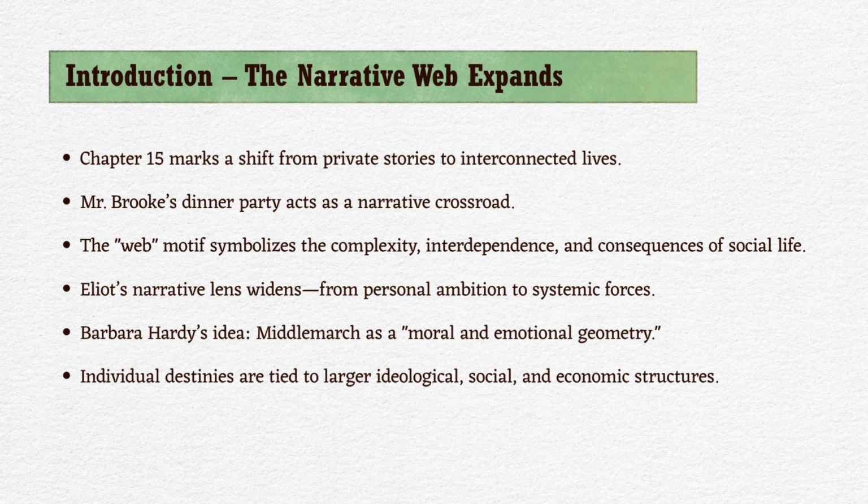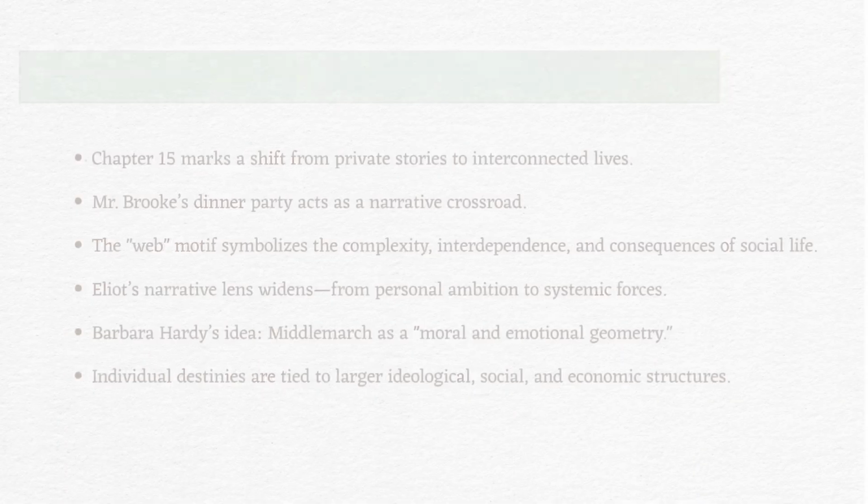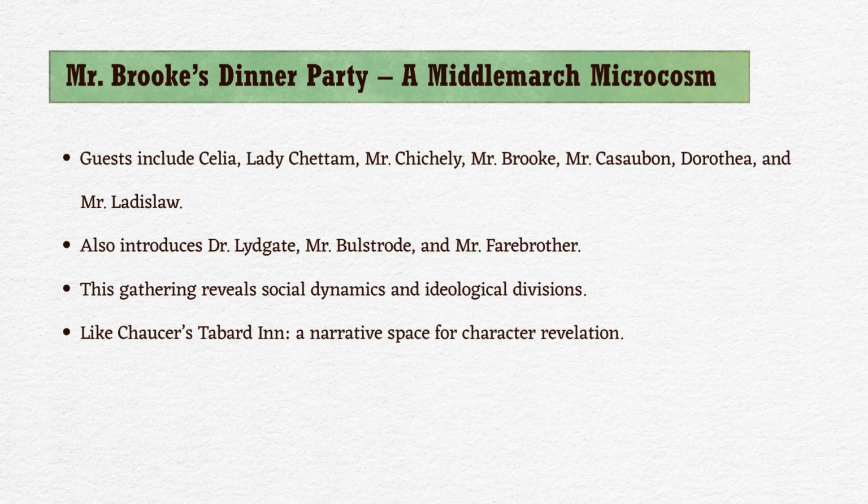Now that we've set up the idea of the narrative web, let's look at how Eliot begins to stage that complexity. Chapter 15's dinner party at Mr. Brooke's house is a masterclass in narrative design. If you've ever read Chaucer, think of this moment as the Tabard Inn of Middlemarch. Eliot gathers her characters like a storyteller, preparing her pilgrims, and we get our first real glimpse of the town's ideological spectrum.